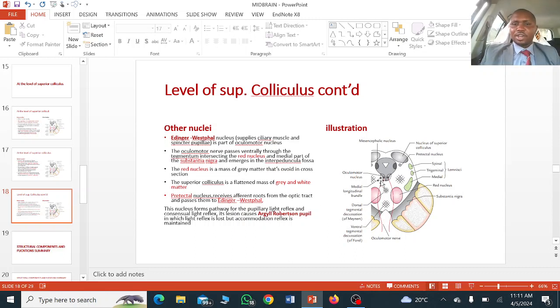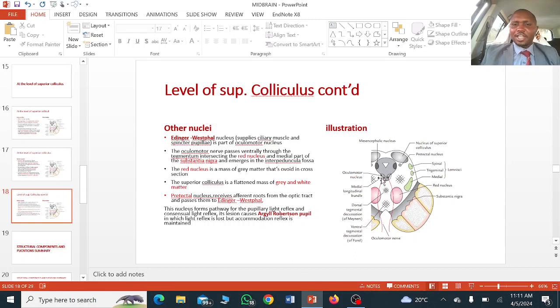You can see the oculomotor nerve here passing ventrally through the tegmentum, the red nucleus, and the medial part of the substantia nigra over here, and emerges in the interpeduncular fossa over here.